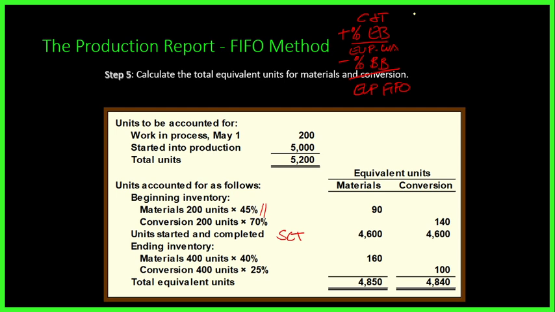Ano ba yung completed and transferred natin? You have 48. Okay. And then the percentage of completion for the ending balance is, asan na yun? Ito, for materials, it's 400 times 40%. So, you have 160. The EUP for weighted average is 4,960.